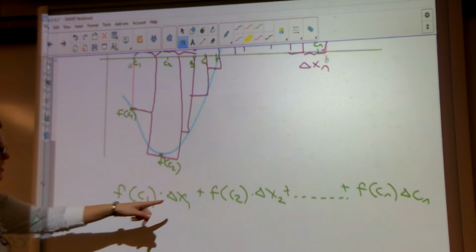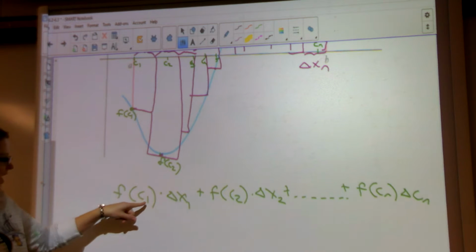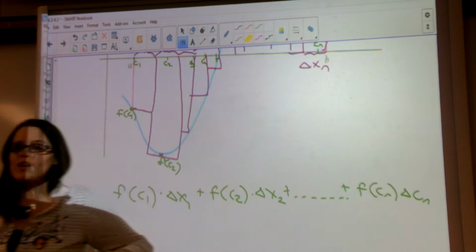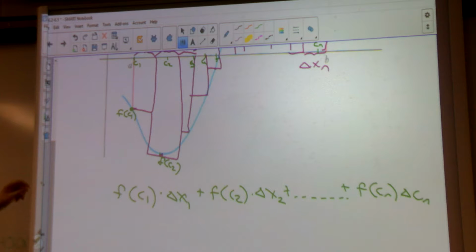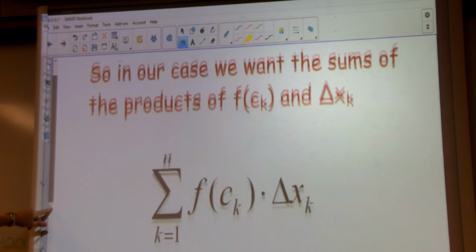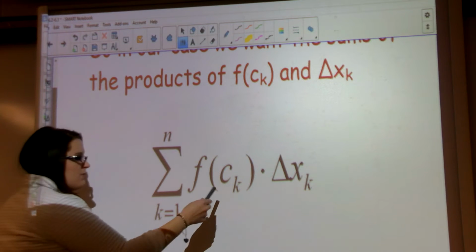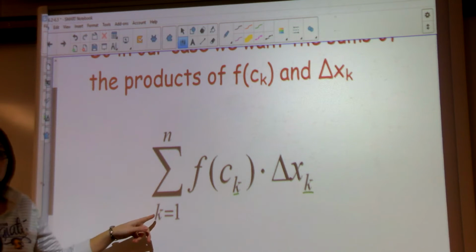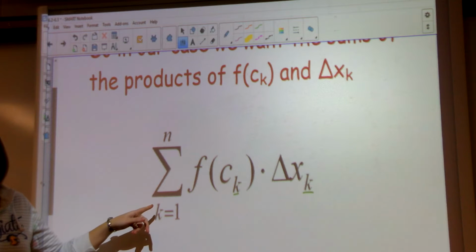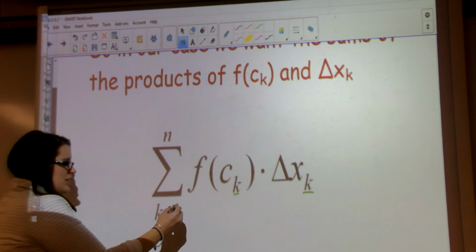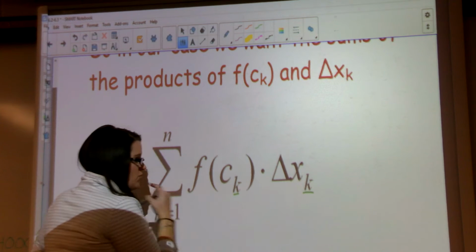Now I can write this as a Riemann sum because notice I have counters: 1, 2, 3, 4, all the way to n. So as a Riemann sum, I'm going to pick a generic variable. We're going to use k. It doesn't matter. You see i's a lot here. You see j's. It doesn't really matter what variable you choose, but I'm going to use it as a counter. So k is my subscript.